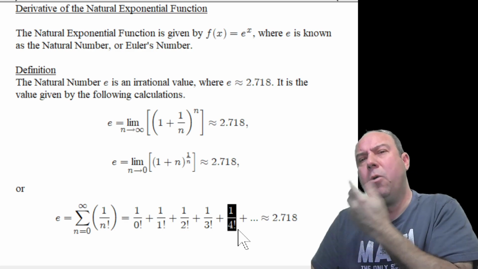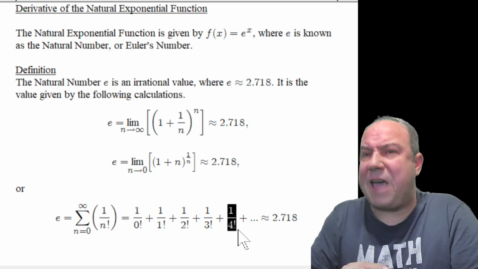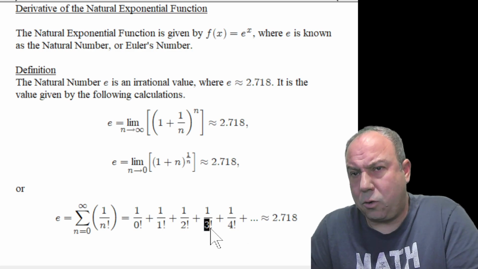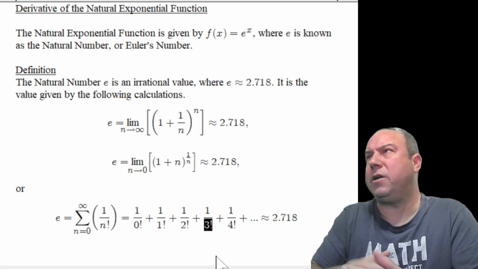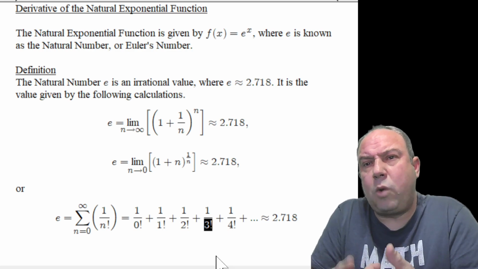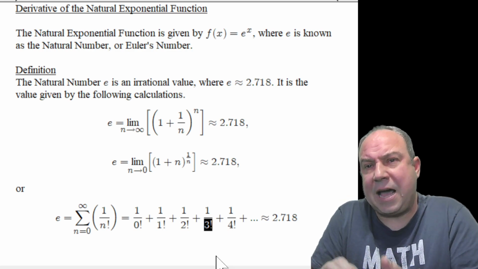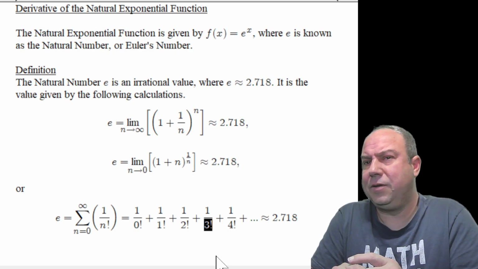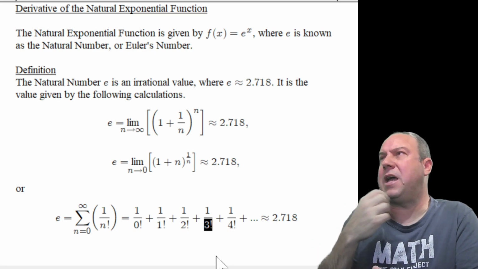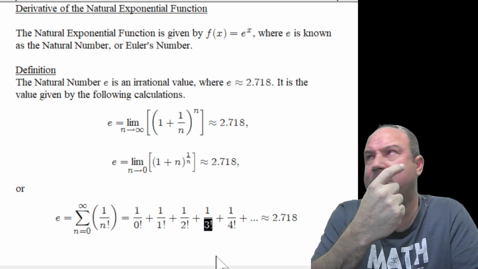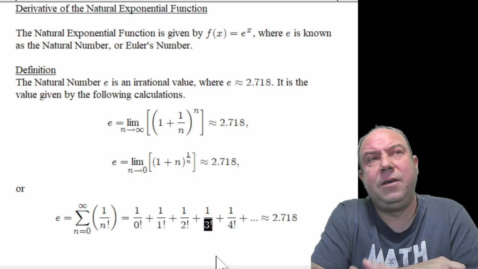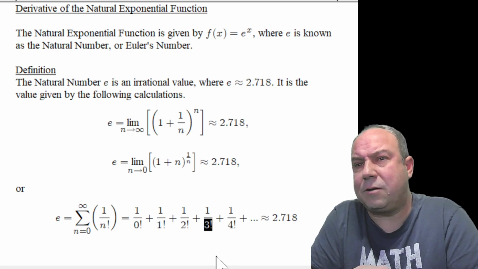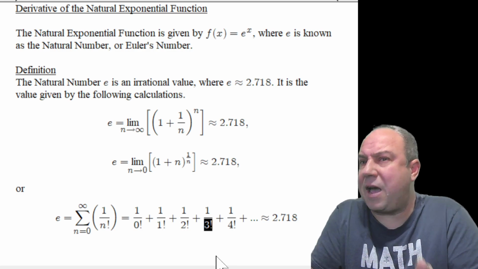Where, if you remember, what is a factorial? When we talk about a factorial value, like 3 factorial, it is the number of ways to arrange 3 items, is how that is defined. If we think about having 3 items, maybe the letters A, B, and C, and the different ways we can go about rearranging those 3 letters, well, there are 3 factorial ways.